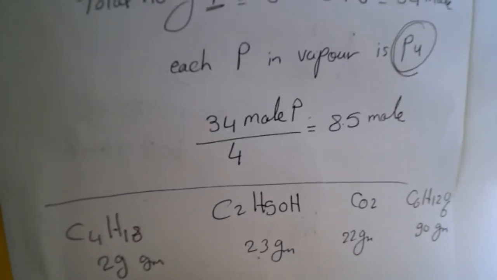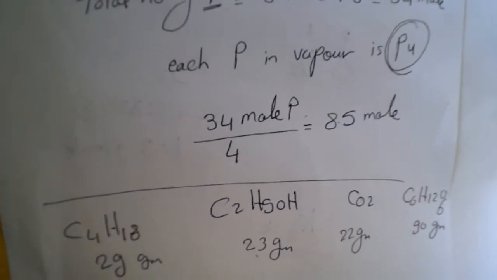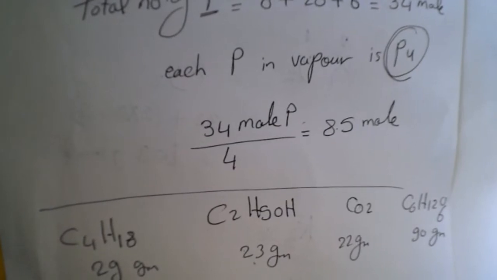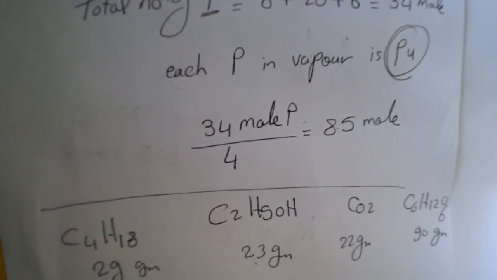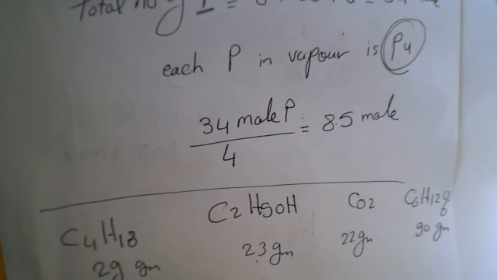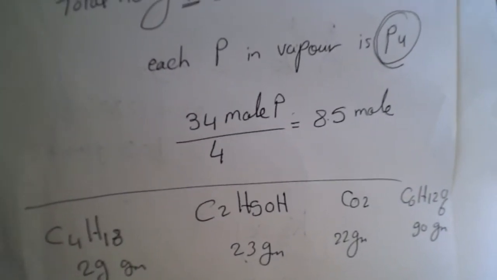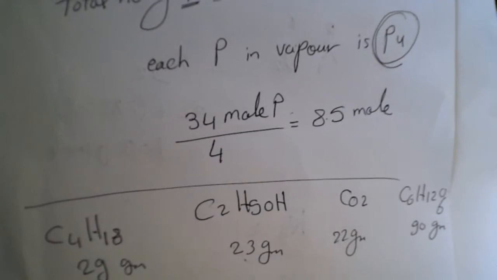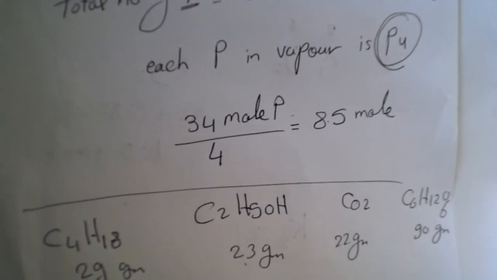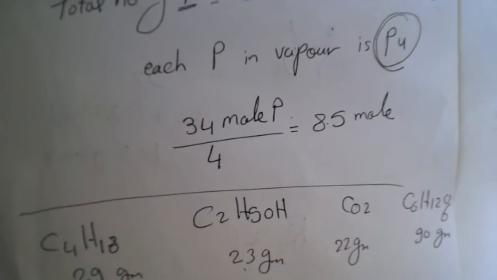Mole is mass over molar mass. The number of mole will be mass over molar mass. So here it's gonna be 29 over 4 times 12 plus 10, gonna be half mole.